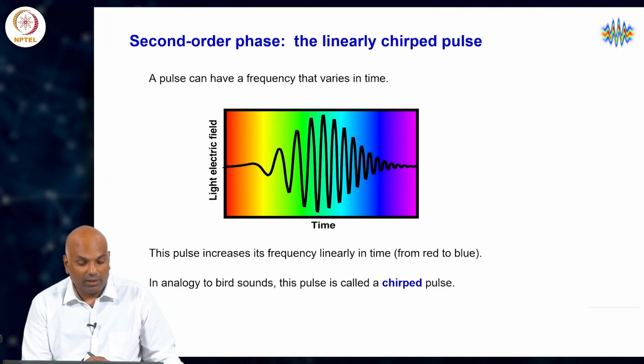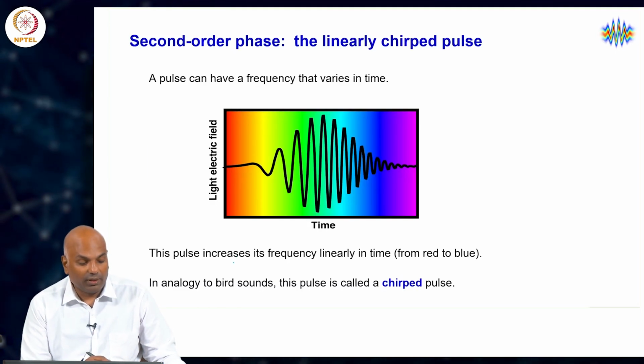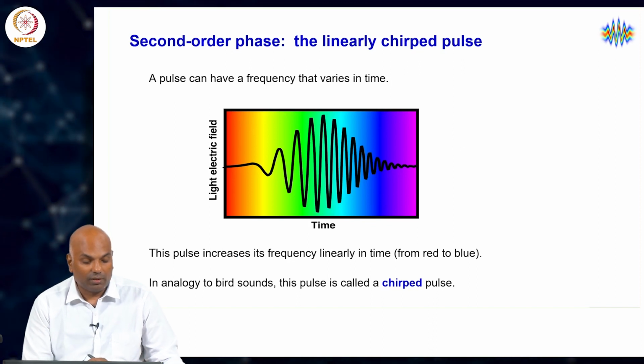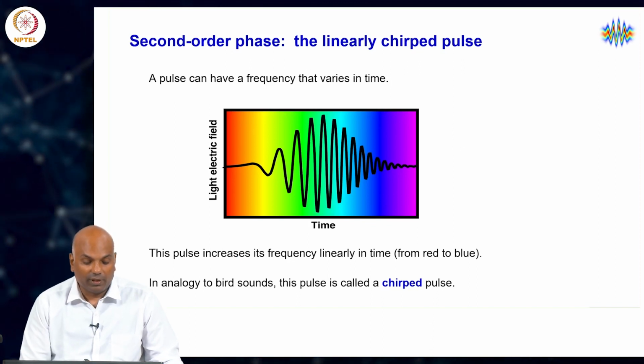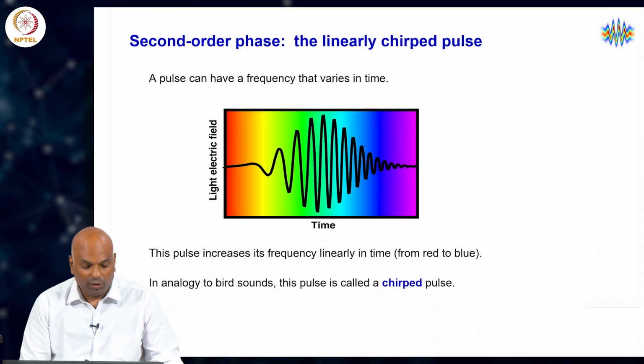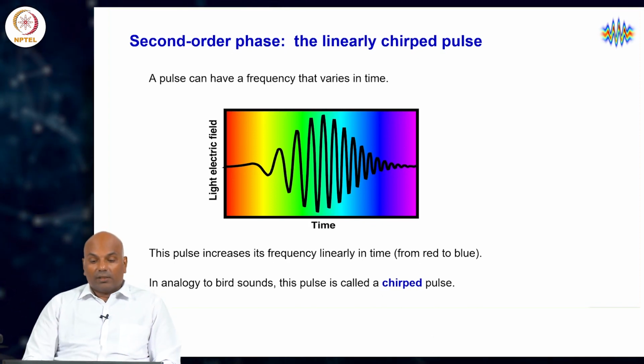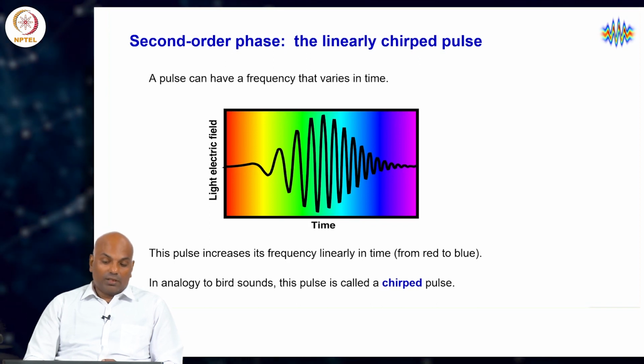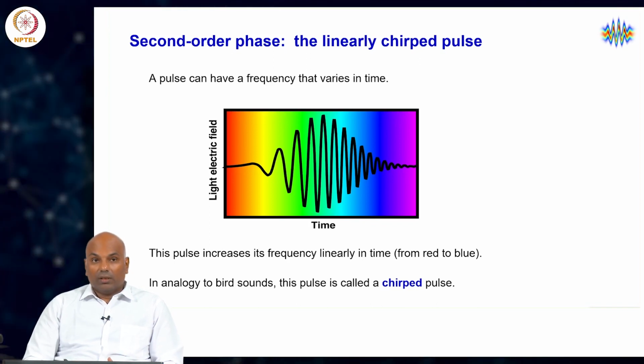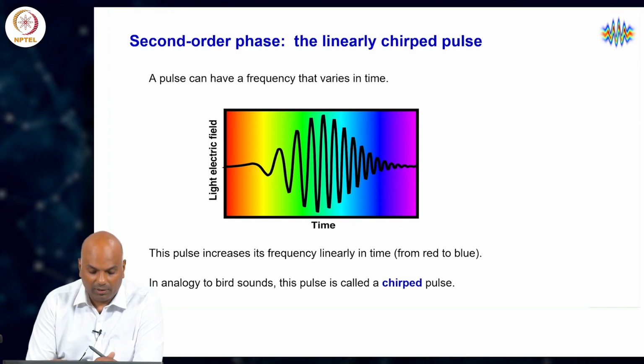Now, in this lecture, we will reconnect with the previous session and look at the second order phase, where the pulse is said to be linearly chirped, that is the instantaneous frequency varies linearly in time within the envelope of the pulse.